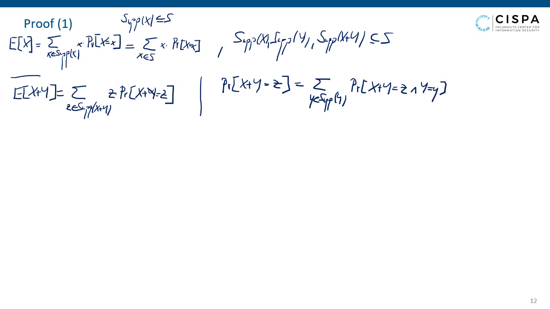Why can we do this? Well, we have just used the law of total probability. The events Y equals y, going over all lowercase y, are a partition of the sample space, and therefore we can use the law of total probability.